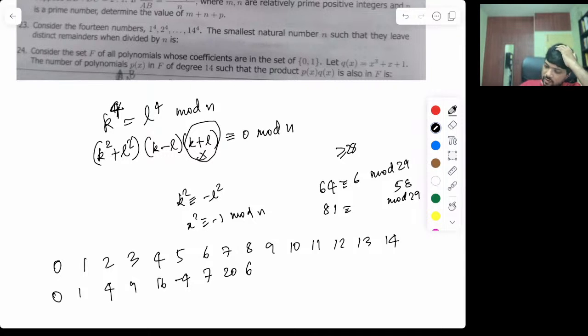Okay, so minus 6. And 100 is 29 into 4, which is 116. So 116 is minus 16.